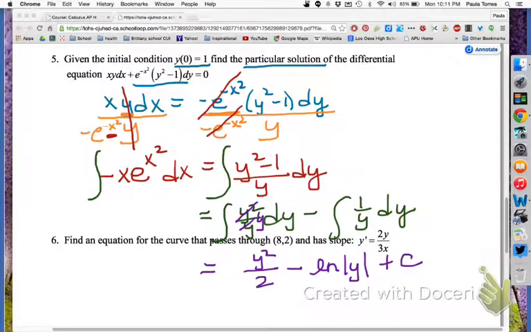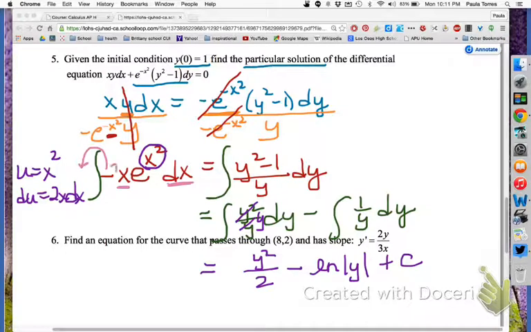Now on this other side, well, I don't like having bling on my e. So let's do a u substitution and see how that helps. And then I go and check to see if I have all of that. And so I notice I have the x and the dx. I'm going to need a 2, and I don't need that negative in there.